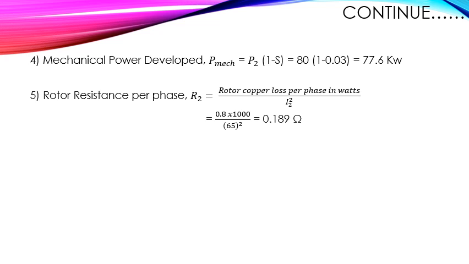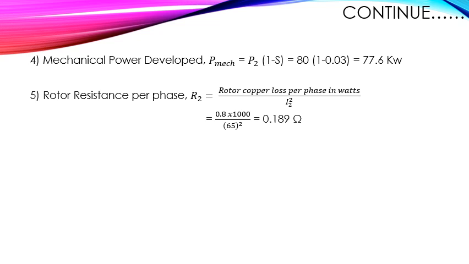Now the mechanical power developed is calculated by taking the rotor input P2 multiplied by (1 minus S), and it is 77.6 kilowatt. Then the rotor resistance per phase, as I have already explained, taking the rotor copper loss as I2 square R2, we can find R2.